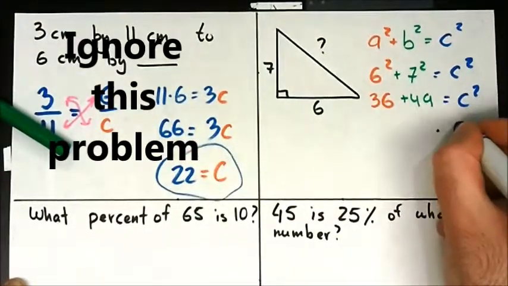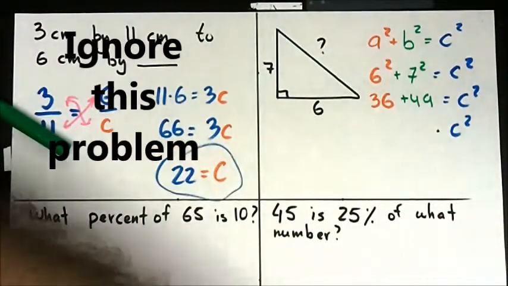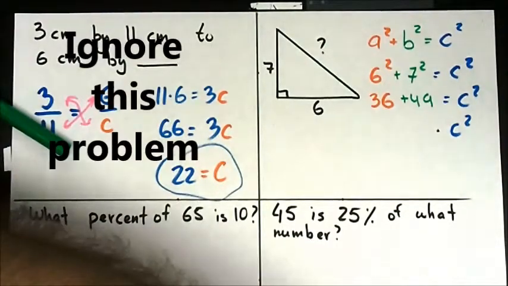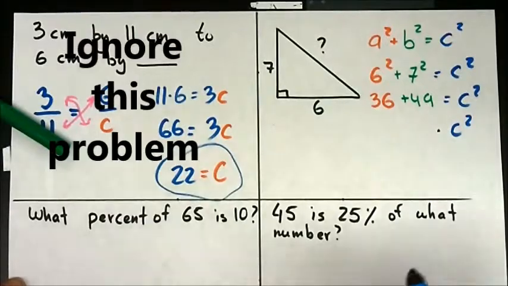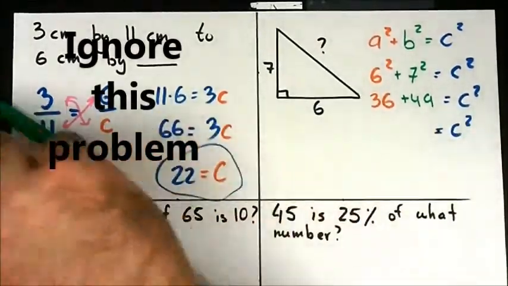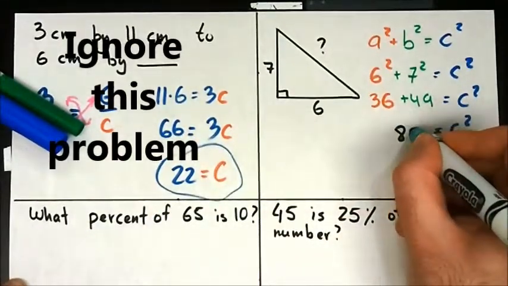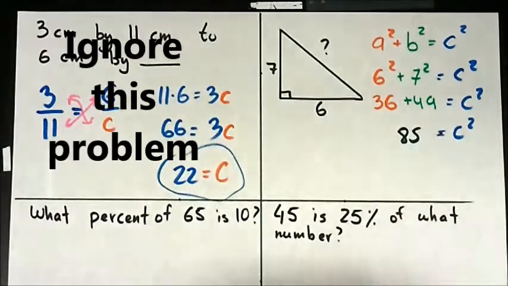Now what is 36 plus 49? If you said 85, I totally agree with you. Now, unfortunately, 85 is not a perfect square. It just isn't. So, what can I do next?